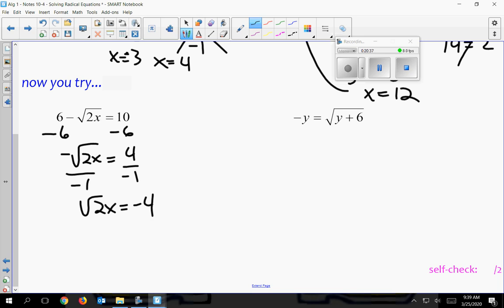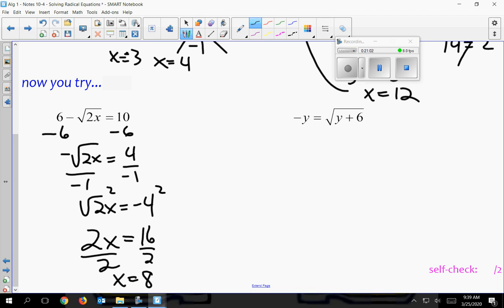Now I want to get rid of the radical sign, so I'm going to square both sides. That gets the radical sign gone over here, and over here it gets me positive 16. Okay. So I'm going to divide both sides by 2 now, and I get x is equal to 8.